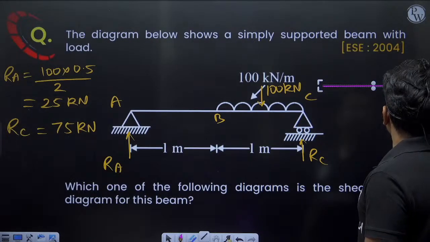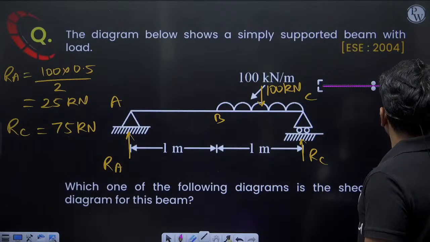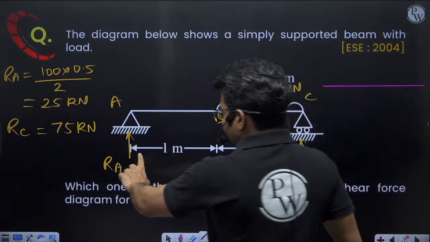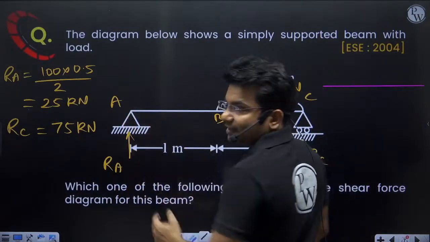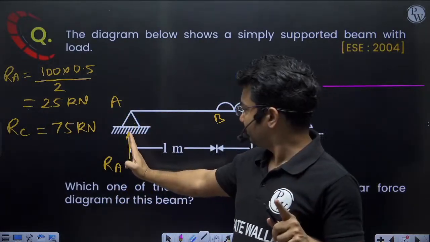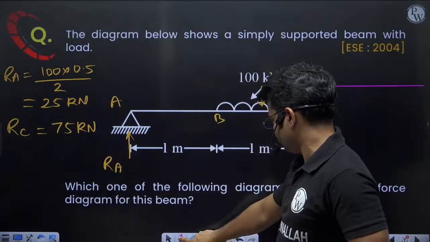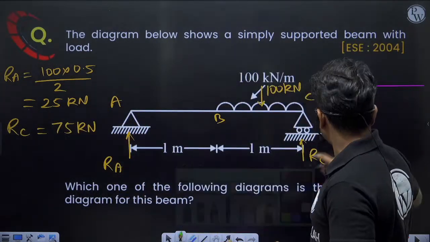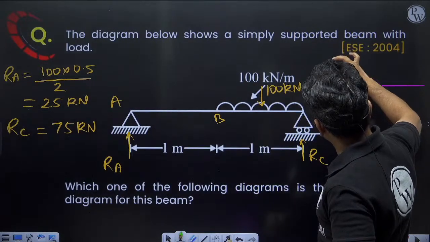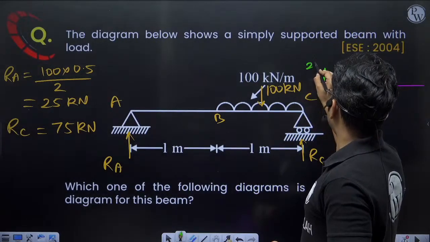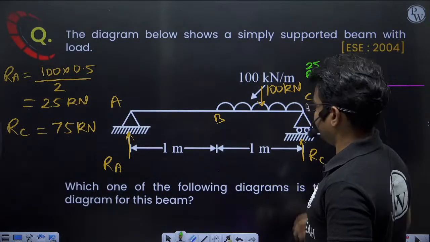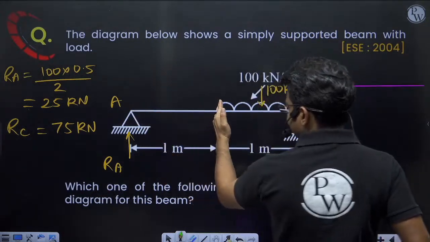Now, because of RA, my shear force value will go up by 25 kilonewton. So my shear force will have a sudden jump here, and the jump will be of 25 kilonewton.